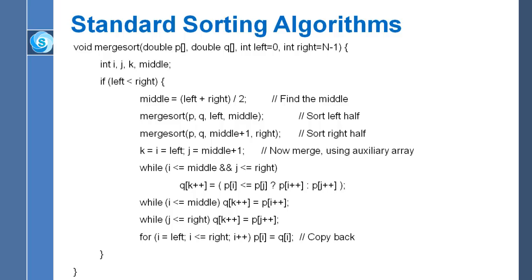Okay, here's the body. The body of the loop is this next indented statement. And if you're not used to the question mark operator, let me explain what's happening here. After the left parenthesis and before the question mark is a condition: p[i] is less than or equal to p[j]. Okay? If that's true, then the entry we're looking at in the left half is less than or equal to the entry we're looking at in the right half.